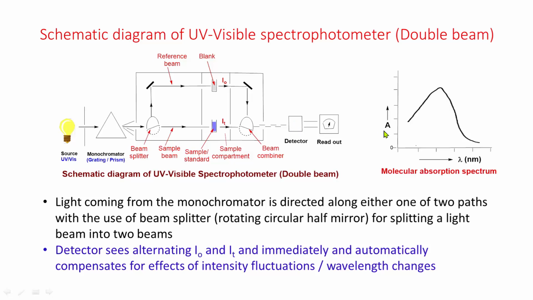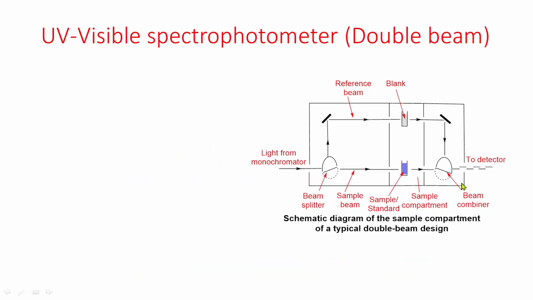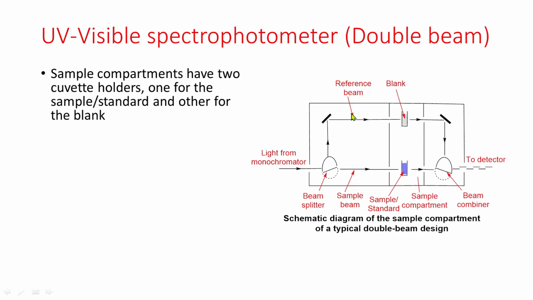When we need to obtain the molecular absorption spectrum, this is a diagram of a sample compartment of a typical double beam instrument. The sample compartment has two cuvette holders, one for the sample and the other for the blank.